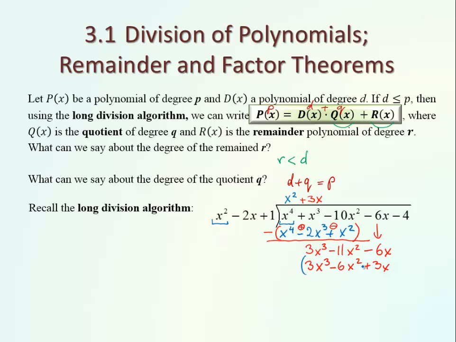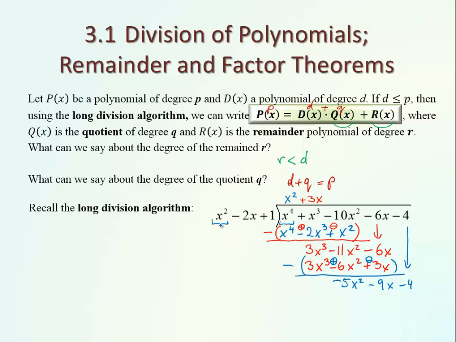We place a bracket around it and subtract. This causes all the signs to be reversed, and we add with the new signs. Therefore, this is gone. Here we have negative 11 plus 6, so it's negative 5x squared. Negative 6 minus 3 is negative 9x, and we drop the last term, negative 4.